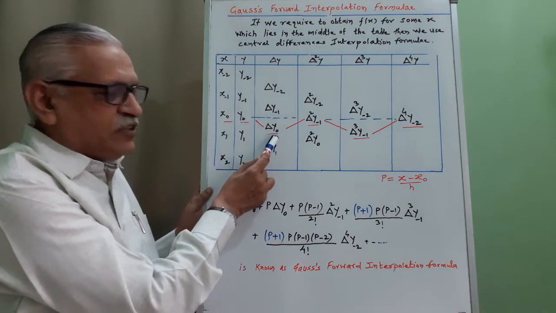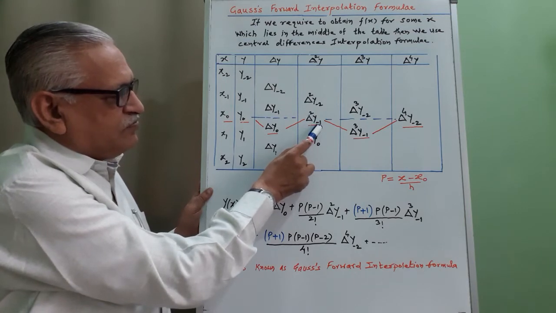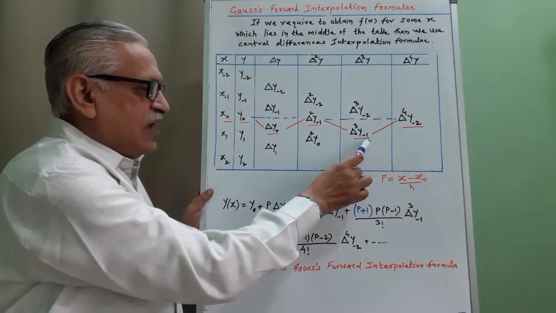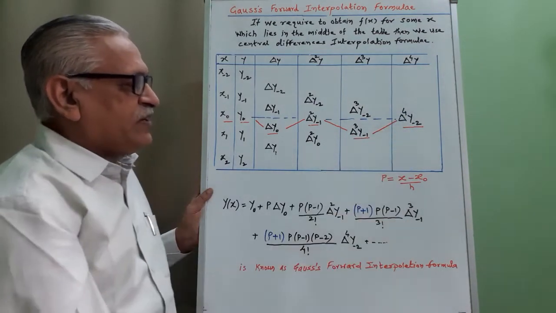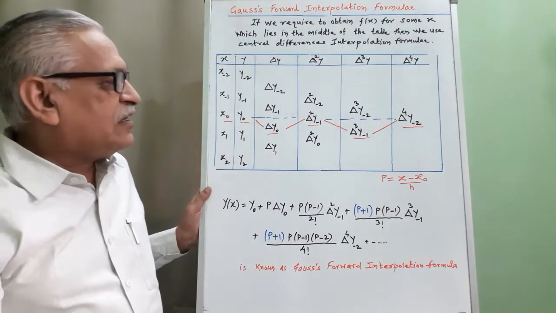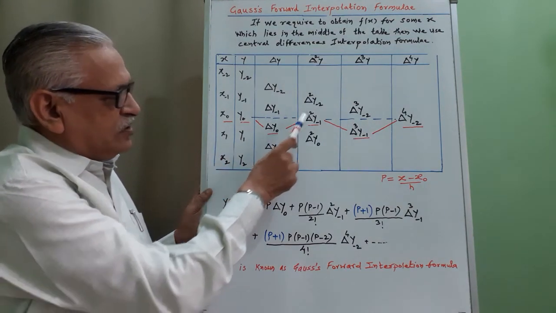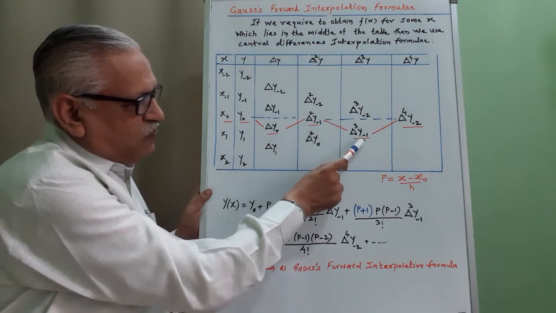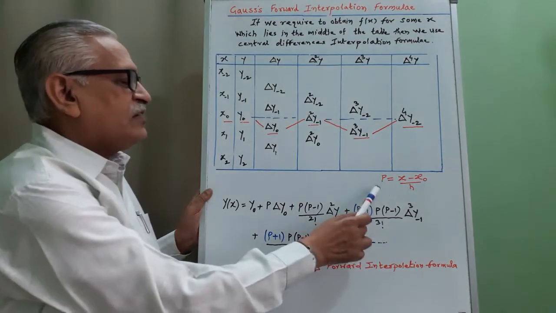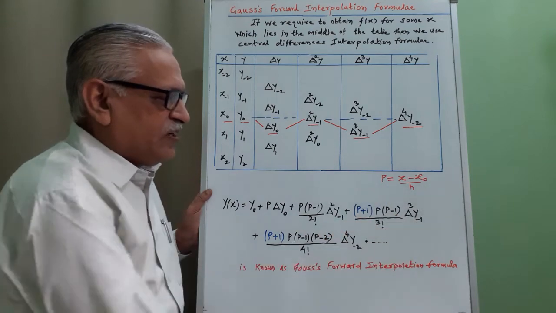Y0, then del y0, then going this way we get del square y minus 1, again coming downwards we get del cube y minus 1, again upwards we get del raised to 4 y minus 2. Therefore we use these values to develop the Gauss forward interpolation formula: y0, del y0, del square y minus 1, del cube y minus 1 and del raised to 4 y minus 2, where the value of p remains the same as we are using for Newton's forward interpolation formula.